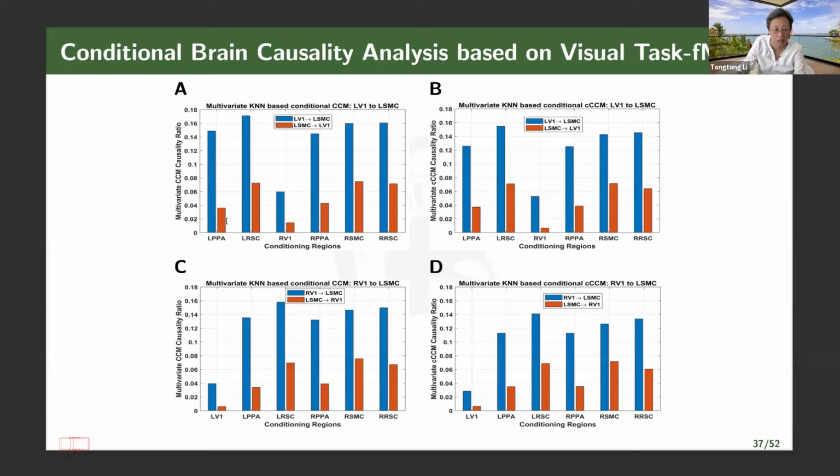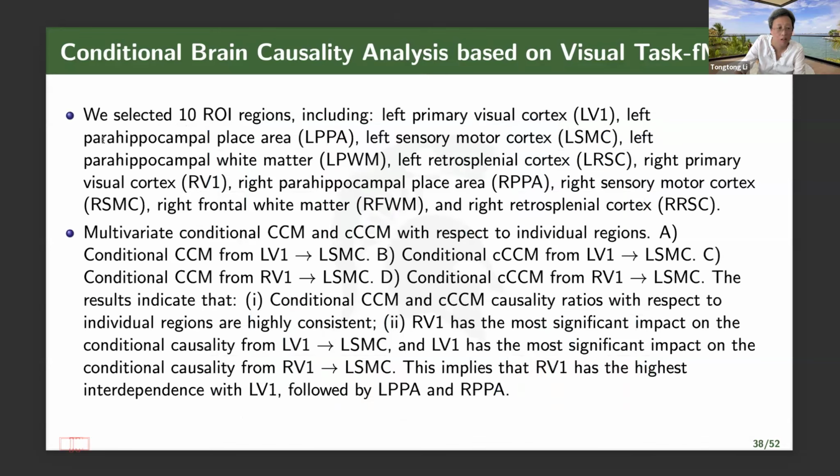And here, LPPA means the causality from the left visual cortex to the motor cortex conditioned on the left PPA, the parahippocampal place area. You are more familiar with these region names than me.